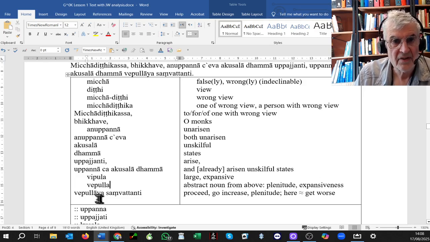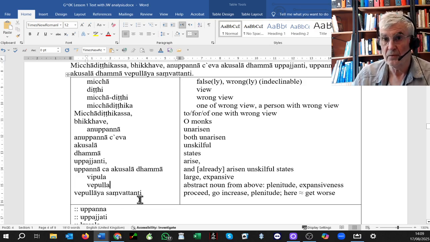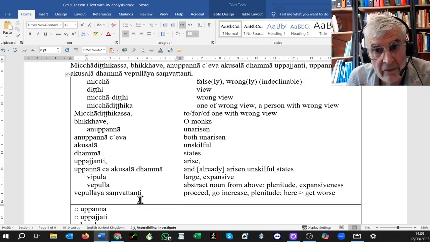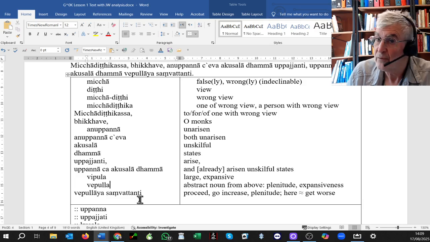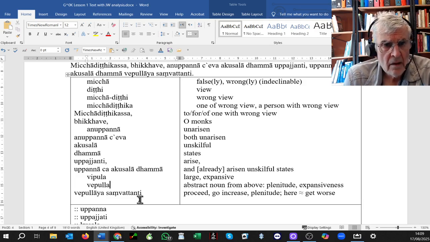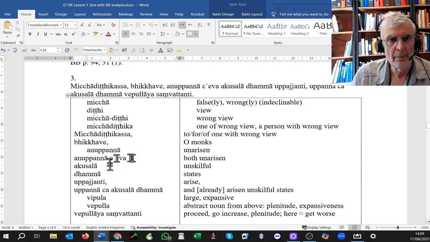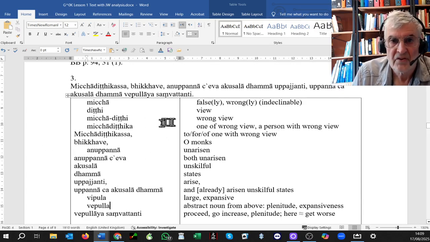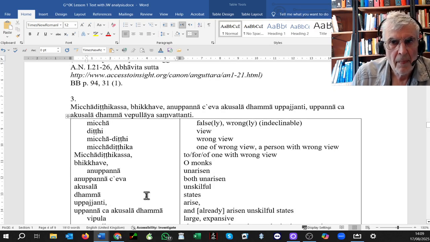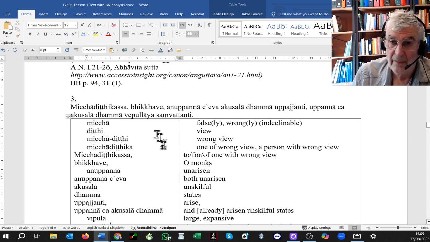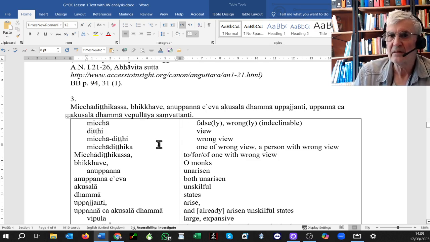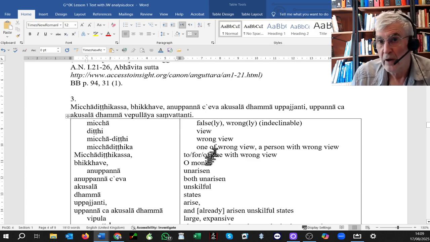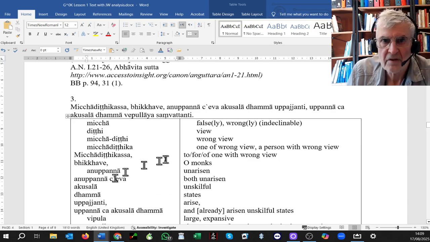And this is the dative, vepullaya samvattanti, they proceed, they go, they conduce to fullness. In other words, they fill out, they expand. They can get worse if you're talking about a bad state. So this means here that for a person of wrong view, O monks, unarisen unskillful states arise, and arisen, meaning already arisen, akusala dhamma, unskillful states, samvattanti, proceed, conduce, go on, vepullaya, to increase, to filling out, getting bigger.